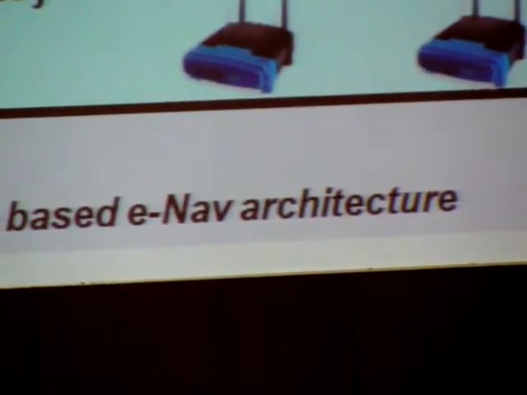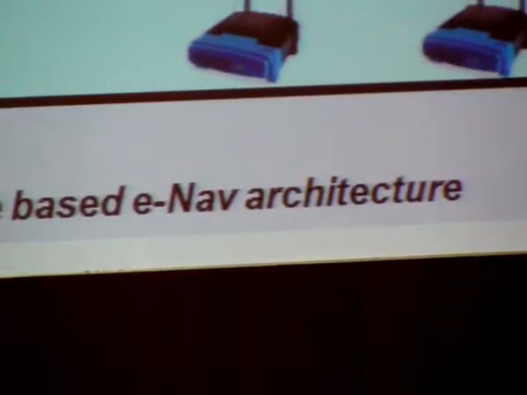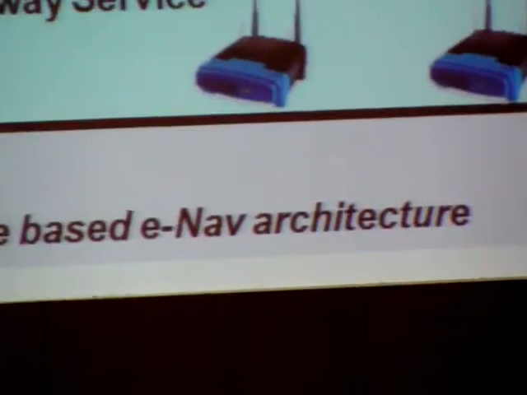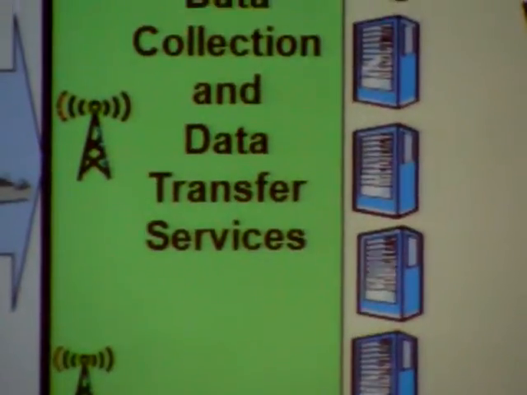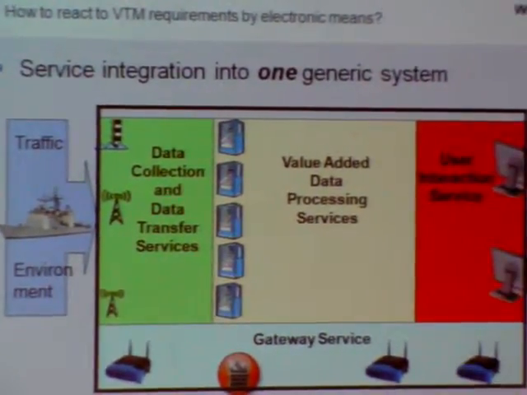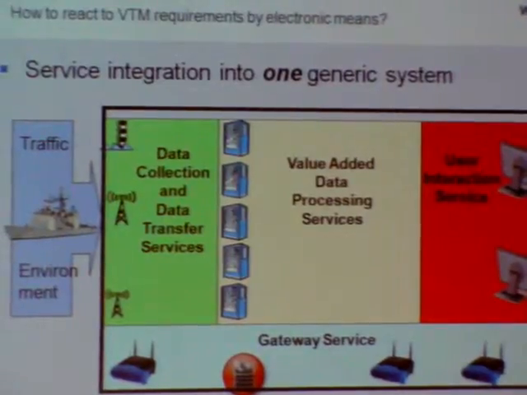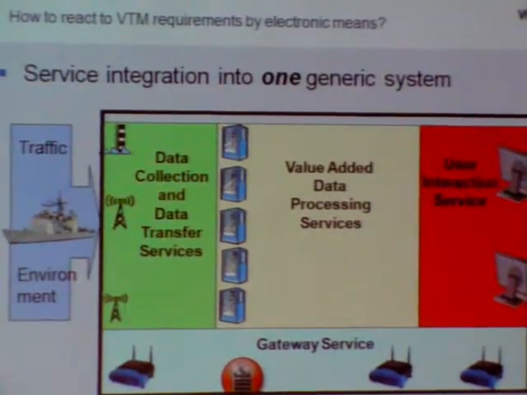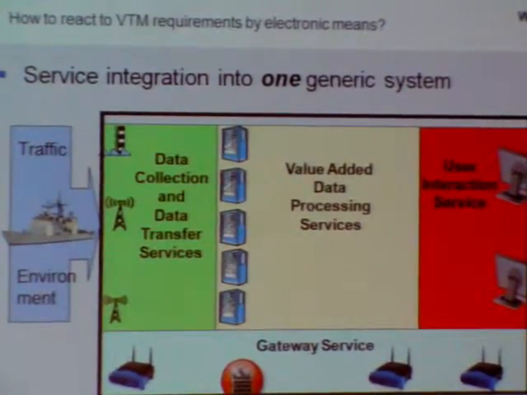And for those of you who may be in the ENAV committee or familiar with the ENAV structure, you will find about the same as in the generic shore-based ENAV architecture. What a wonder? It's a generic system. You can use it for VTM or for VTS or for any other purpose.